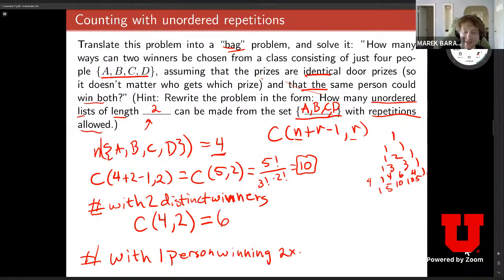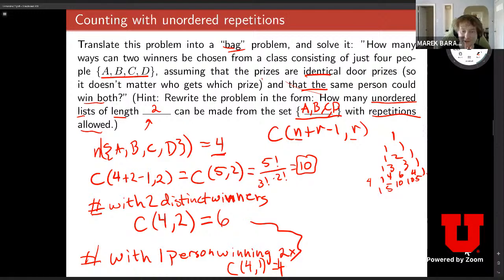And how many ways can I have it where one person wins twice? I mean, this one's easier. Yeah, 4 choose 1. And that's equal to 4. And these two are distinct events, right?